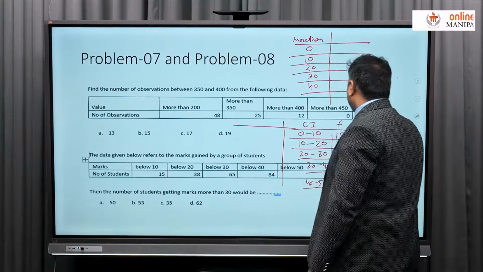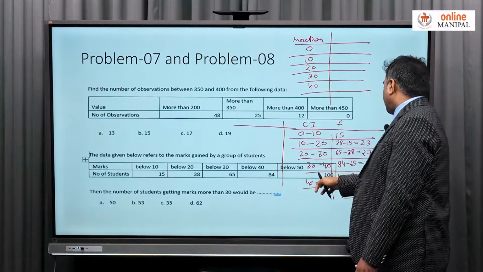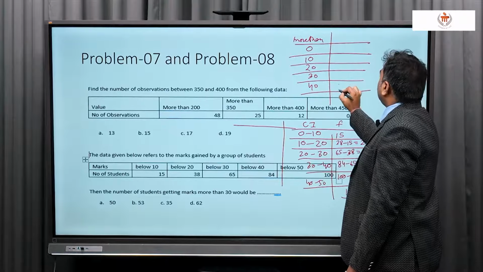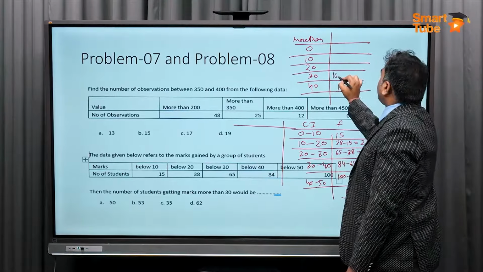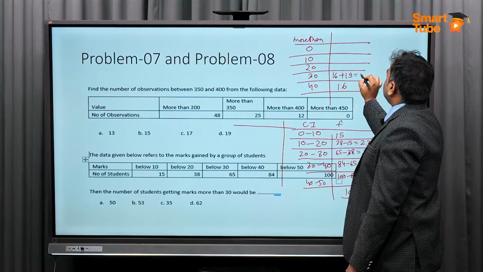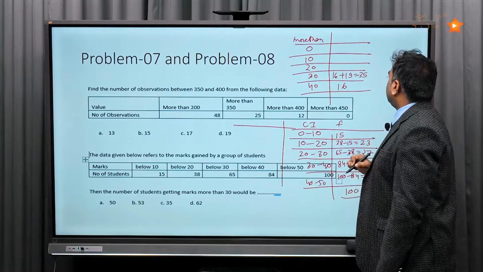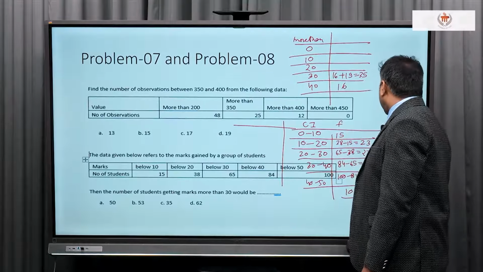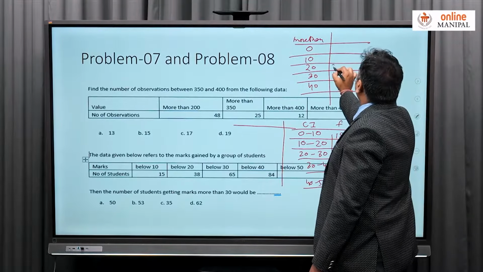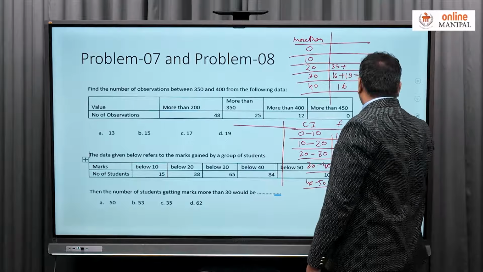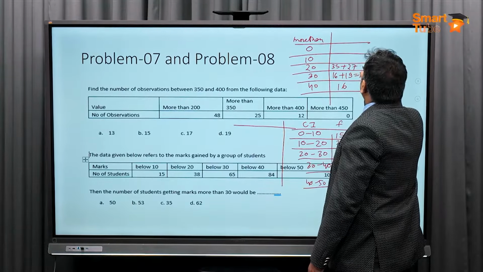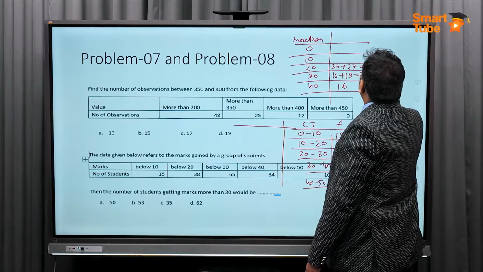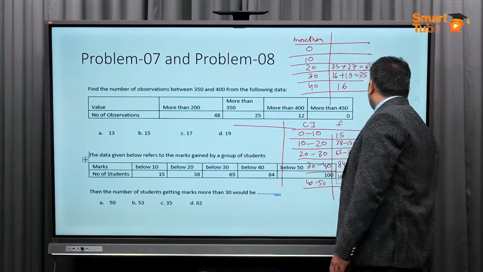How will you write the frequency? 40 to 50 is 16. Then it would be 16 plus 19, which is 35. Then 35 plus 27 would be 62.